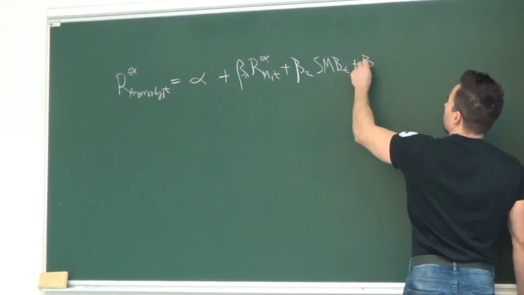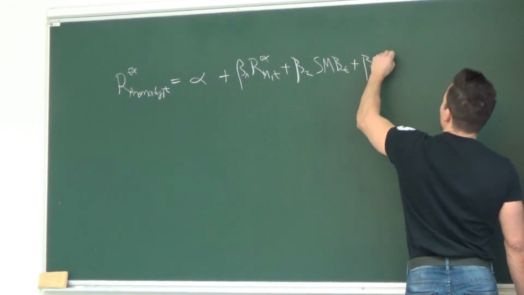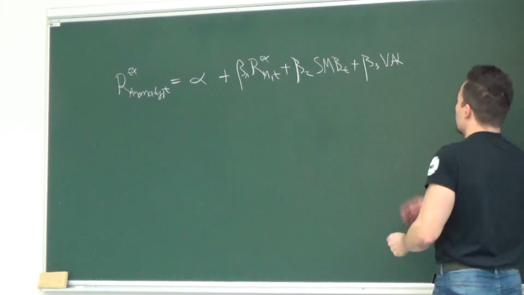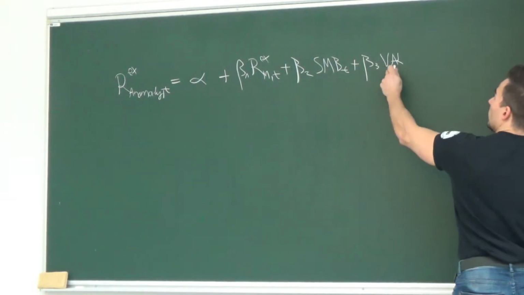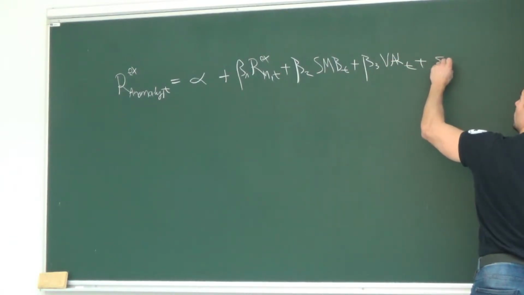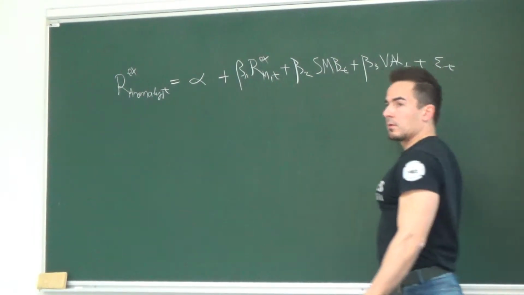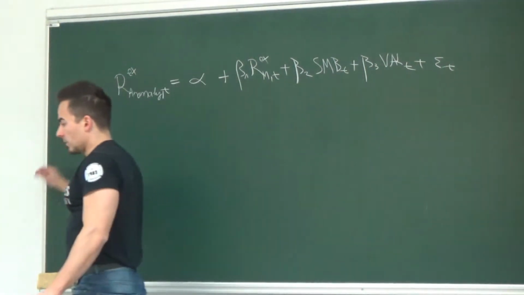And for instance, we also use the value factor, HML, at time t, and what we also include is an error term, epsilon t. So this is what we usually need for our regression equation.